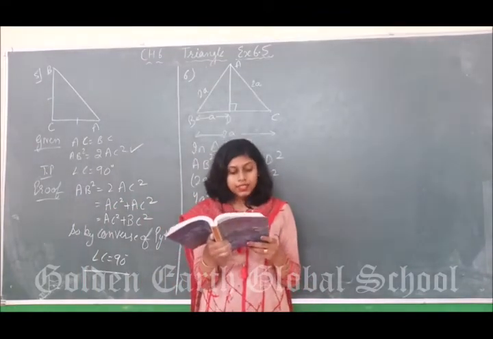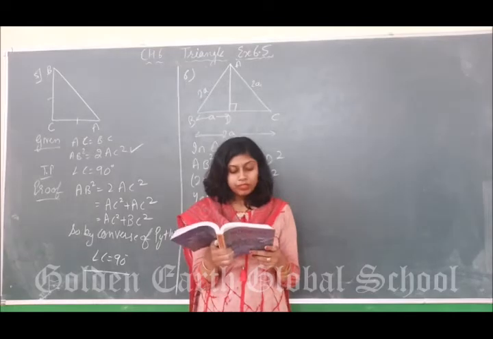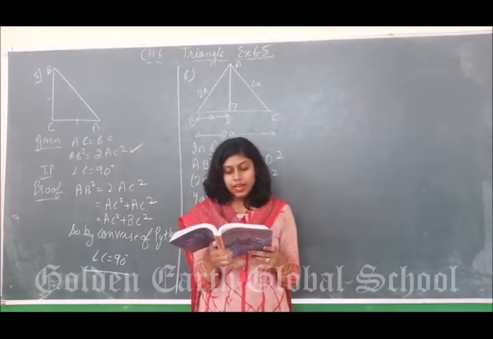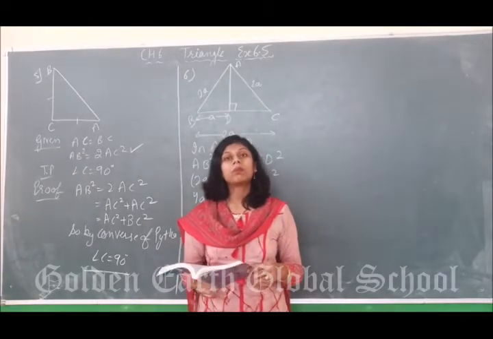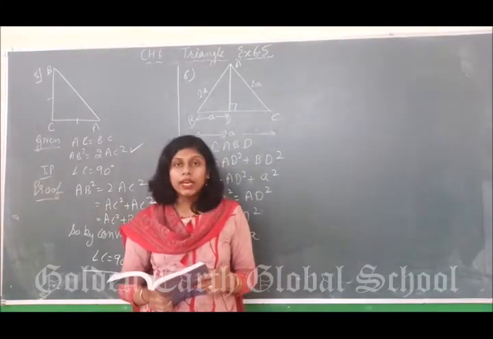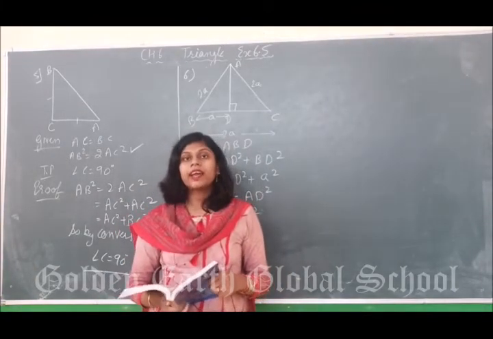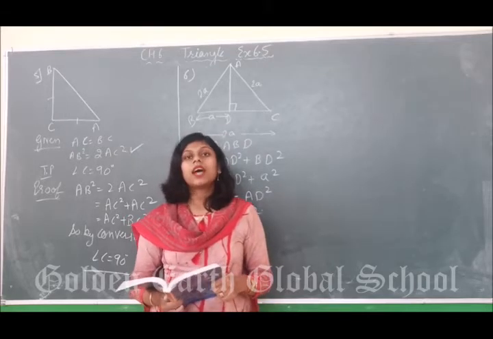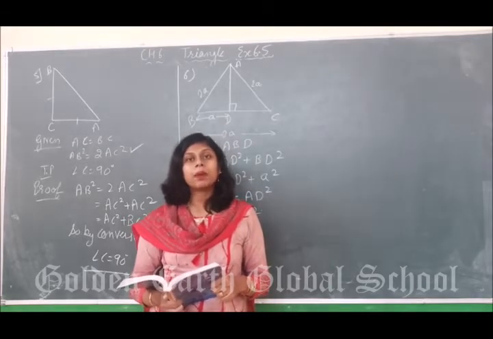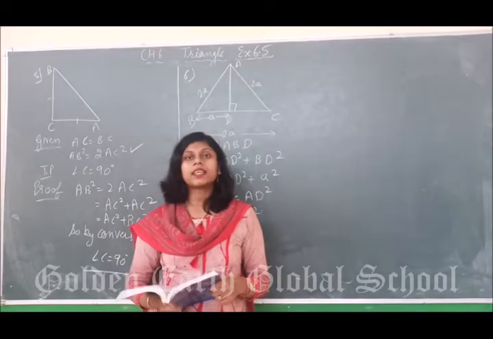Clear? Next, seventh question. Prove that the sum of the square of the sides of rhombus. What is rhombus? Rhombus is a quadrilateral in which all the sides are equal, and one more condition, diagonals of the rhombus perpendicularly bisect each other.